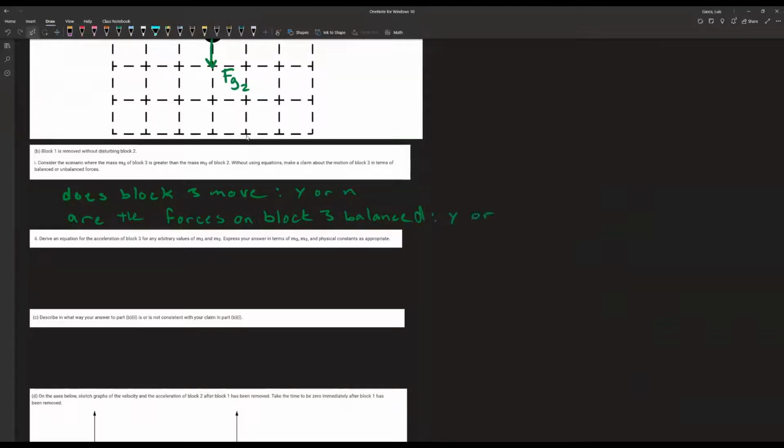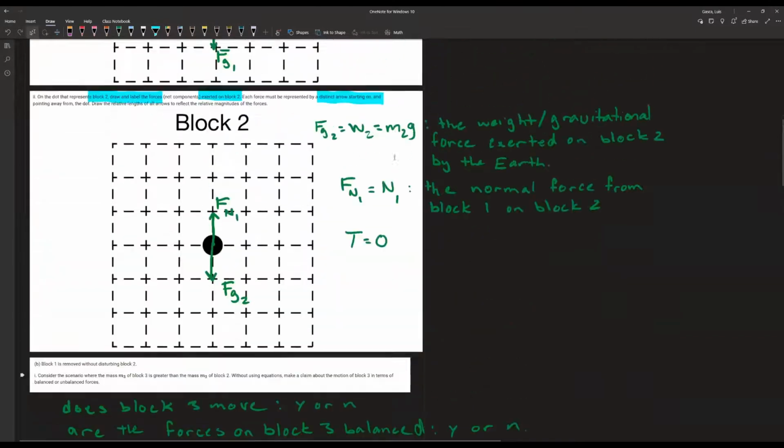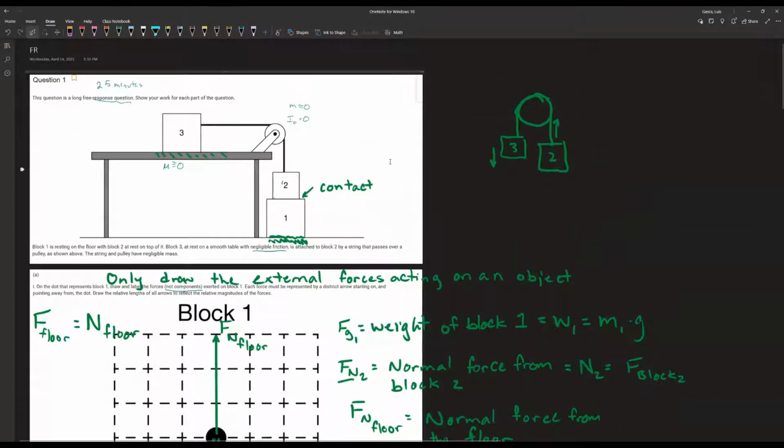Yes or no? Okay. All righty. Okay. And so just in case you wanted to see a diagram here of the scenario, or a picture of the scenario, not actually a free body diagram. Okay. So we got a couple answers here.